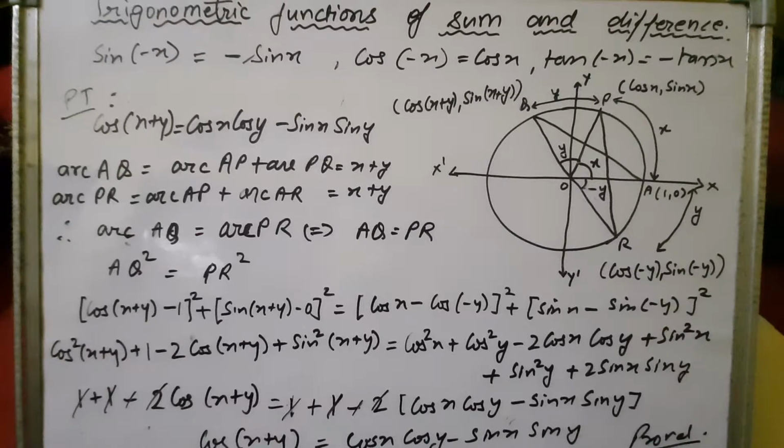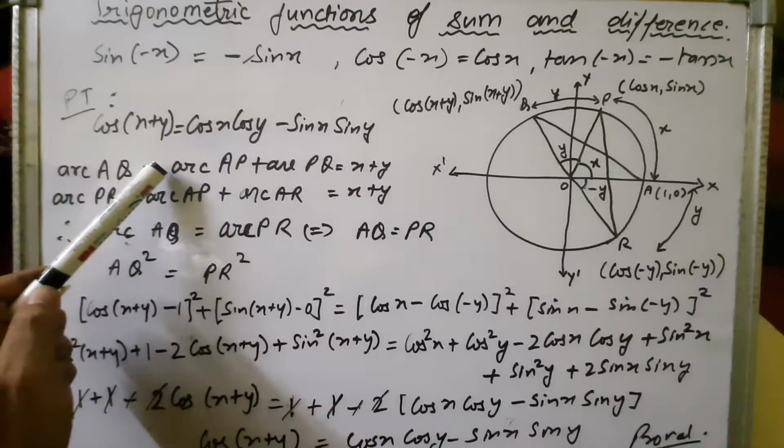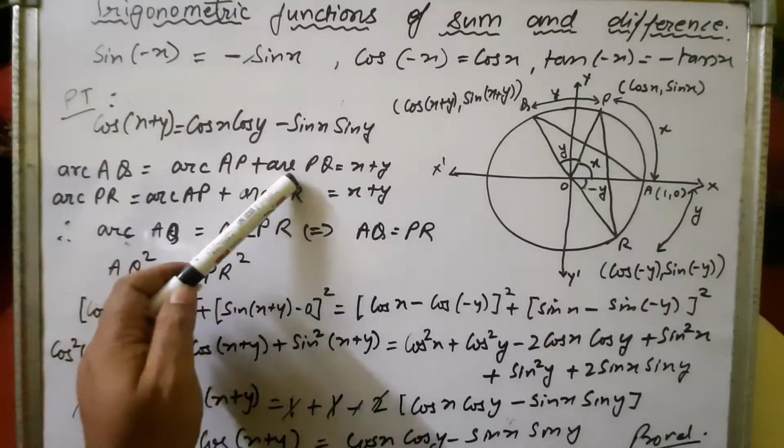Now let's calculate the lengths of PR and AQ. From the figure we can say that the length of arc AQ will be arc AP plus arc PQ.